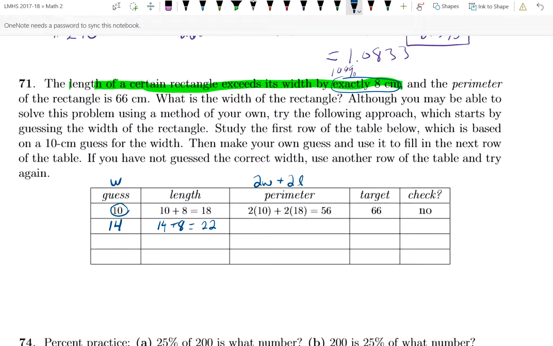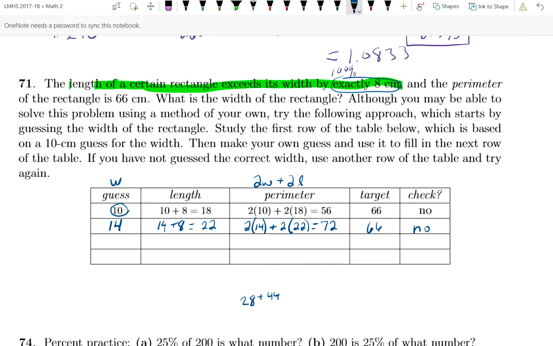Now for the perimeter, we're going to go 2 times the width, so 2 times 14, plus 2 times 22, that's the length. That'd be 28 plus 44. What's that add to? 72. Our target's 66, so it didn't work out.